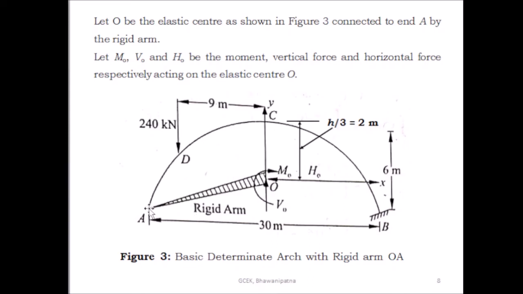So what is the vertical coordinate of support A? This is minus 4 meter, because this is positive y-axis, this is negative y-axis. So the y coordinate of support A is minus 4 meter, and the x coordinate of support A is minus 15 meter, because this is the origin, this is positive x-axis, this is negative x-axis. So the x-axis is minus 15, and the y-axis is minus 4.